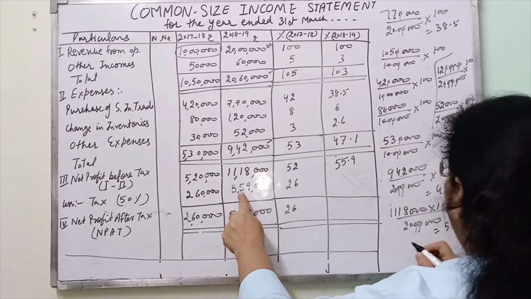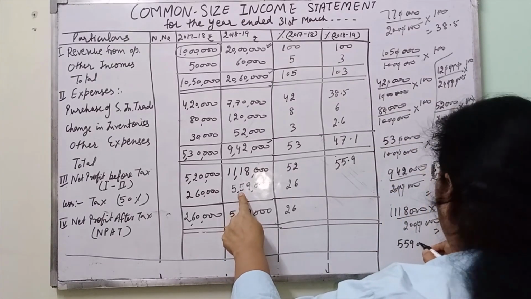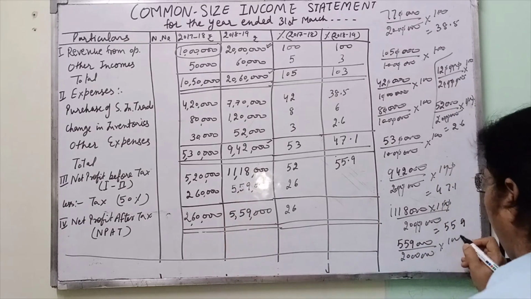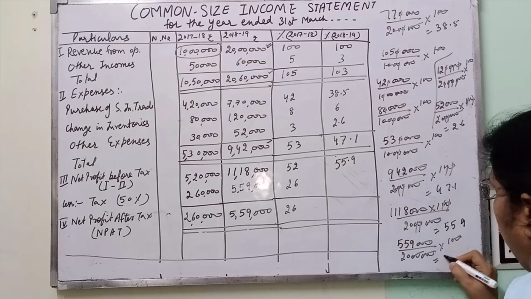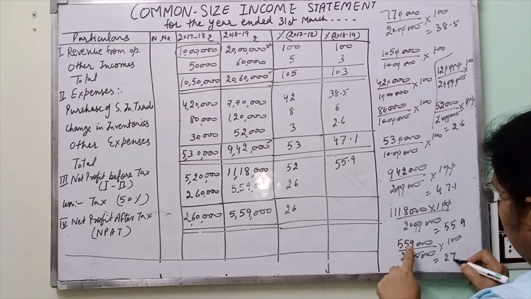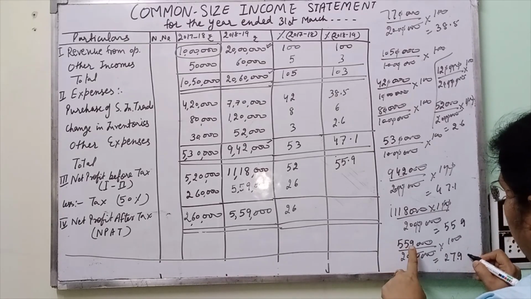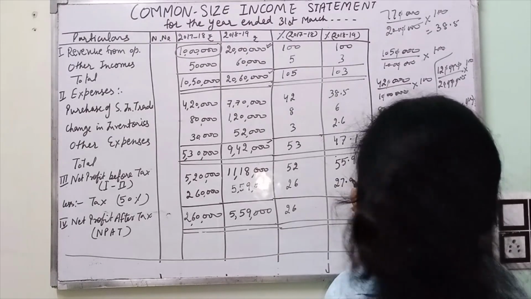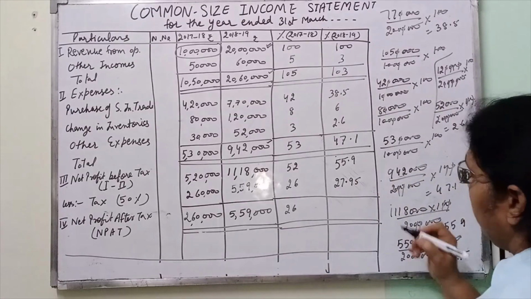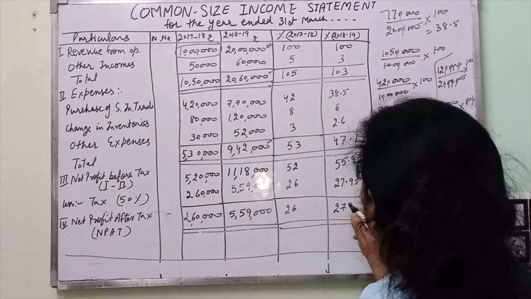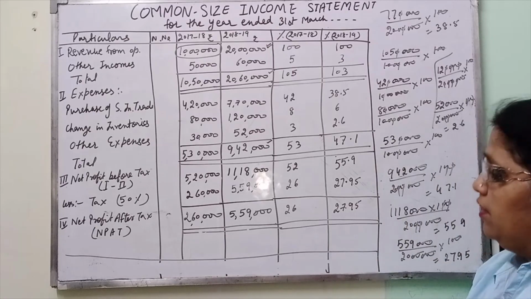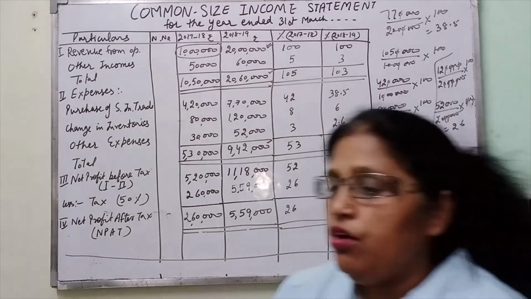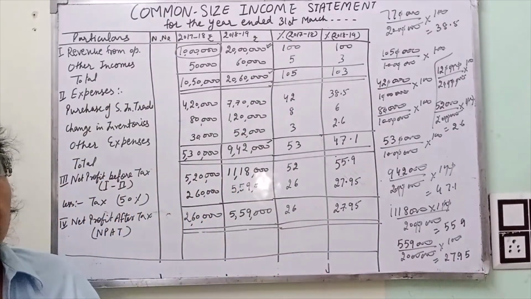And in case of 5,59,000 divided by 20 lakh multiply by 100, it comes to 27.95%. The remaining will also be 27.95%. I think this concept is clear to you. Now in the next class we will start a new chapter.